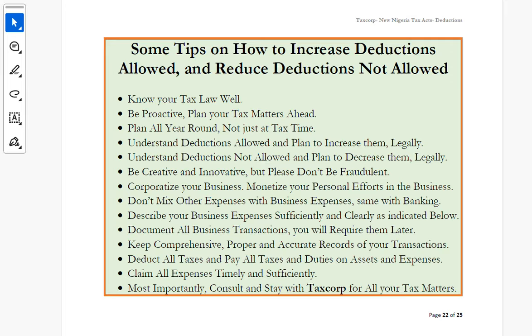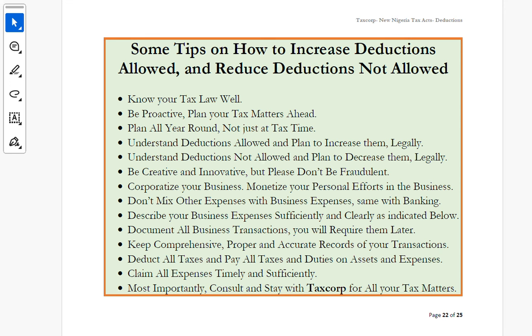Corporatize your business. Monetize your personal efforts in the business. Don't mix other expenses with business expenses. There should be business and there should be personal affairs. Even with your banking, don't use your personal account for business. You are causing trouble. Describe your business expenses sufficiently and clearly as indicated below. Don't give room for ambiguity or interpretation.